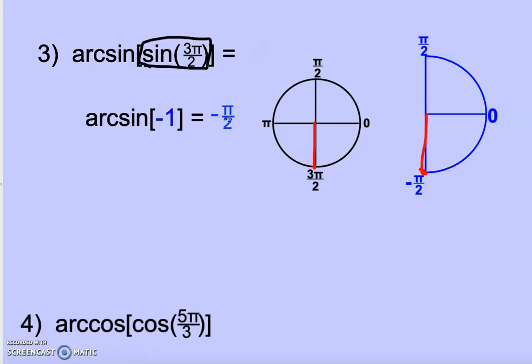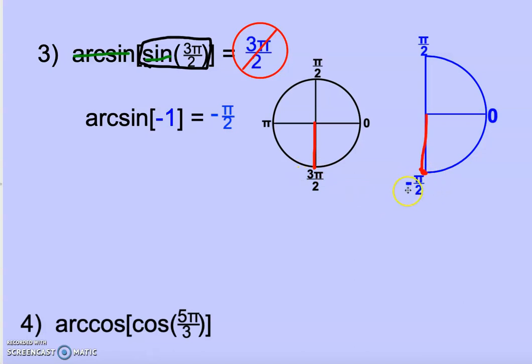And now I'm going to pause for a second, because I think what happens is a lot of kids see this and their first assumption is the inverse sine and the sine will undo each other, leaving us with an answer of 3/2 pi. But that's not the answer, because the last thing we do is take the inverse sine, and inverse sine doesn't allow for 3/2 pi.